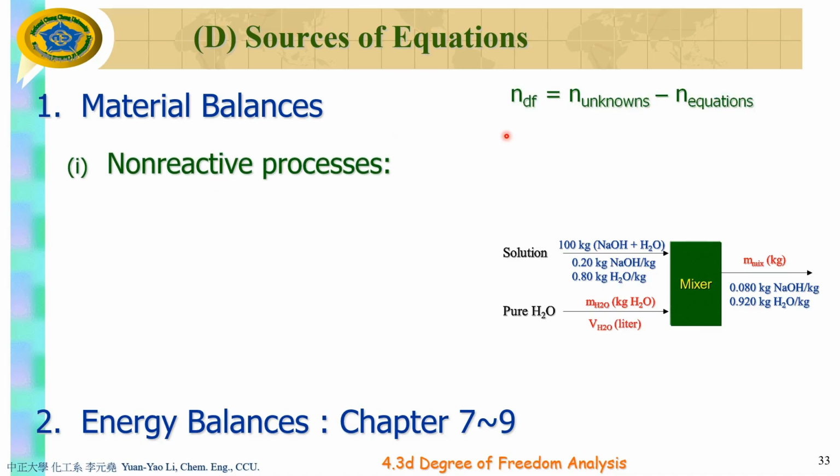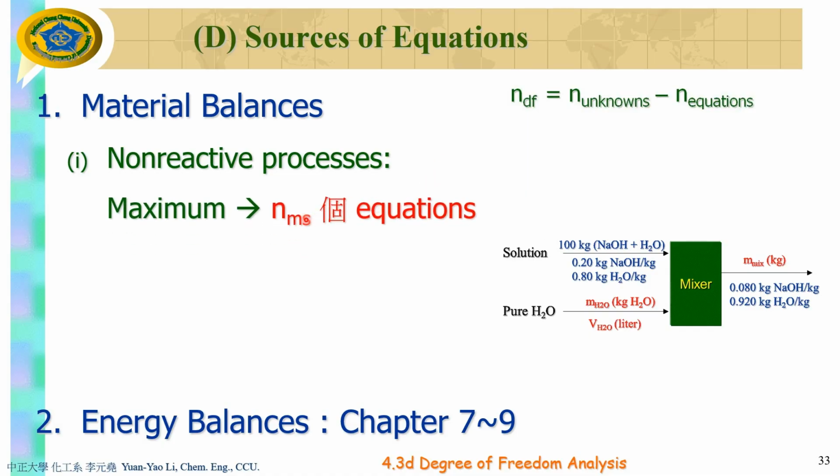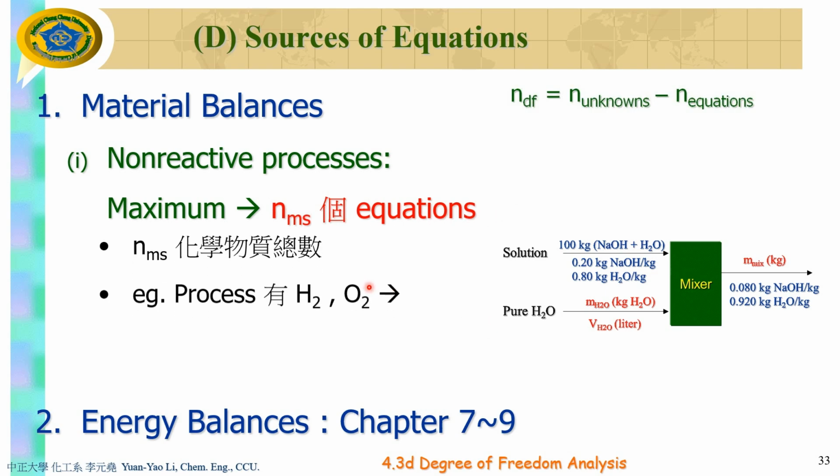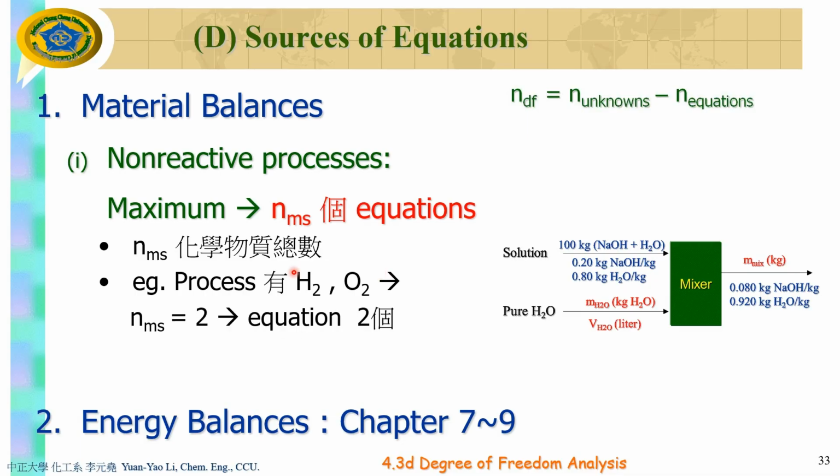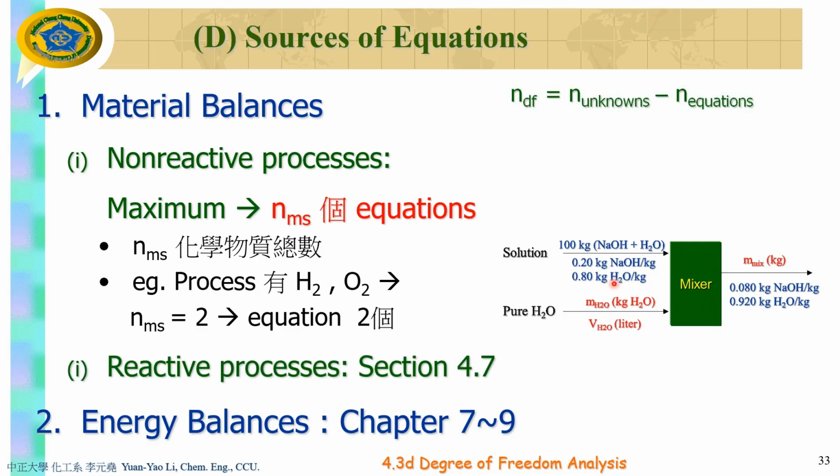The first direction is for the non-reactive species, you have mx equations, and this is the number of species. For example, in this case, you have NaOH and H2O, so you have 2 equations. So for the non-reactive species, you have 2. Okay? And for the reactive species, that will be in section 4.7. I will tell you this later. Okay, so this is number 1.